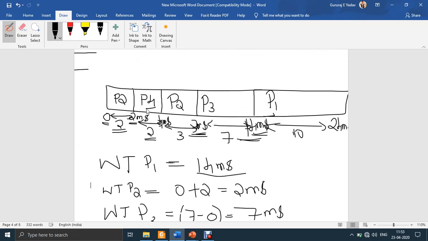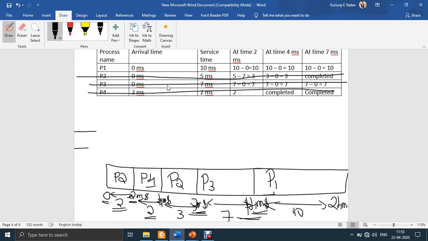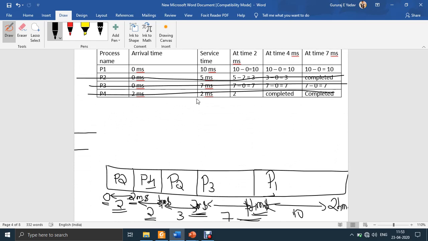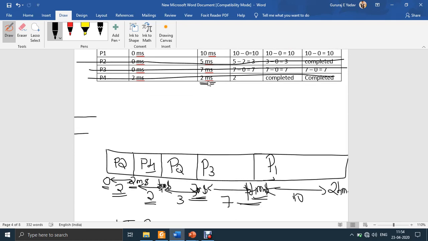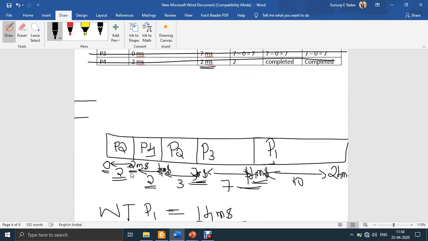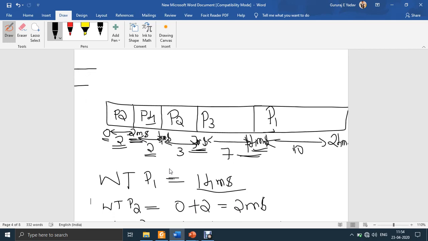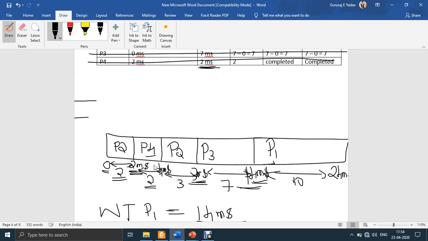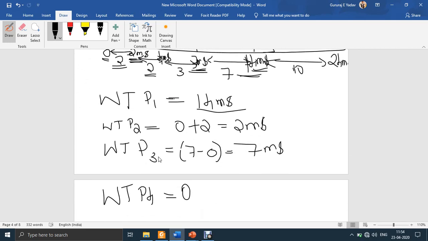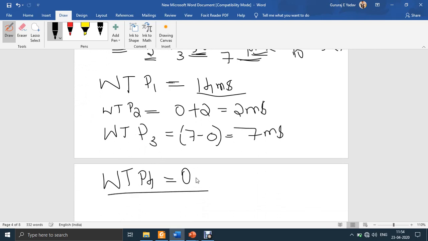Because when did P4 arrive in the ready queue? At 2 milliseconds, correct? As soon as it arrived at 2 milliseconds, it got its chance to execute at 2 milliseconds only. Did it wait? No, it didn't wait. As soon as it came, it got its chance to execute. That is why the waiting time for P4 is 0 milliseconds.